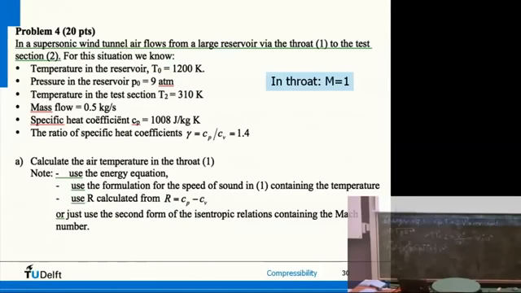Any ideas? Yes? How is that equal to 0? We have a huge reservoir where we start from, and we're taking the flow through a very small channel. So we can approximately say, it's not true for some points in the reservoir, but in this large reservoir, the speed is 0.